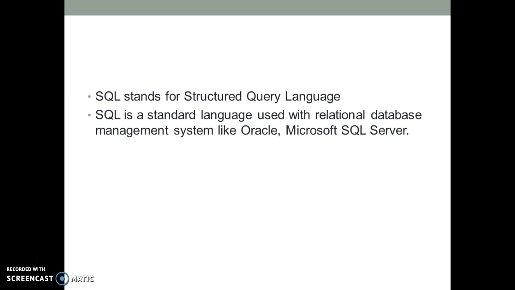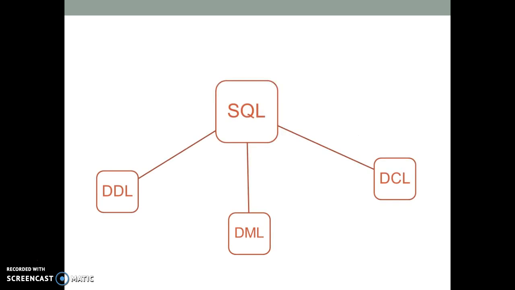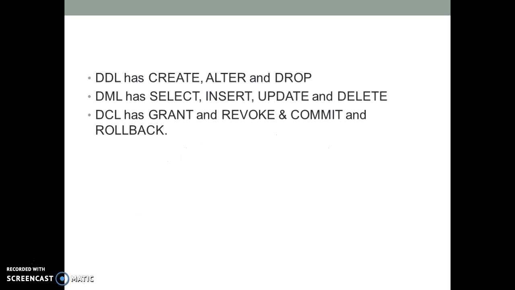Mostly, SQL commands are divided into following three categories: DDL, that is data definition language, DML, that is data manipulation language, and DCL, that is data control language. DDL is used to create, alter, and drop database objects like tables and views.